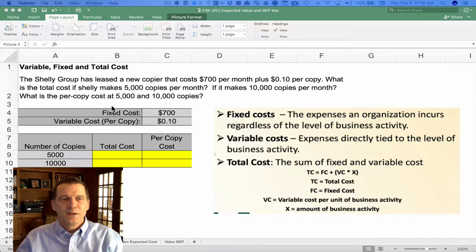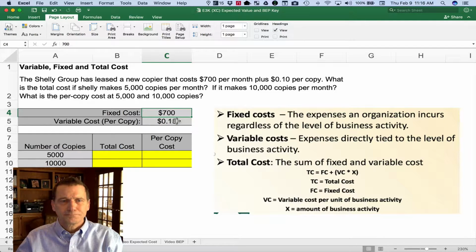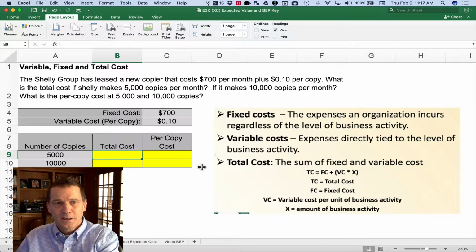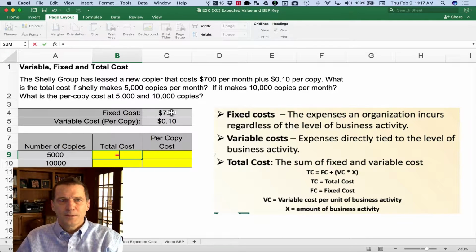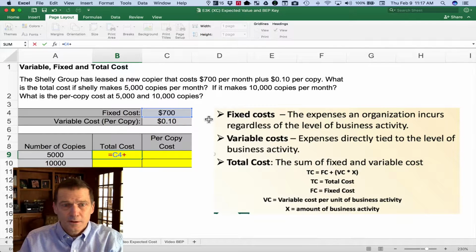Let's take a look. So if we have this $700 fixed cost here and our 10 cents over here, in Excel, what we would do to apply this formula is we would say equals cell C4 plus the variable cost, cell C5, times, which is the star, times the volume that we want to know.